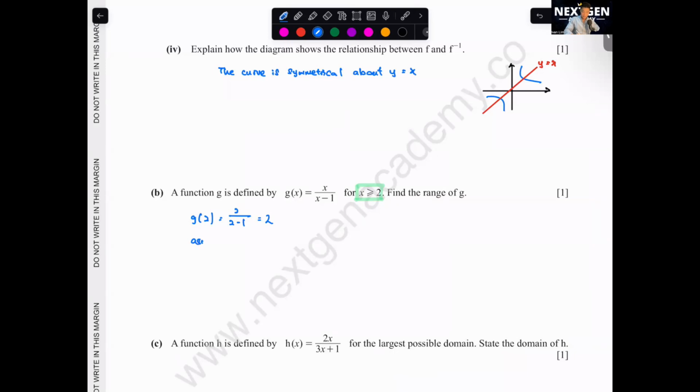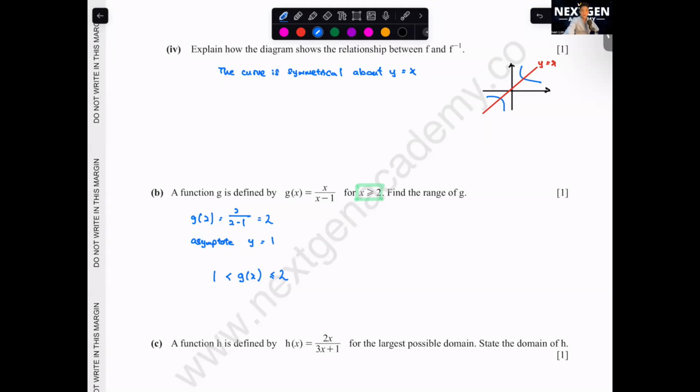Remember, asymptote is y equals 1. So that means you will write your range is y more than 1. g(x) is more than 1, but it is less than or equal to 2. Okay, that yellow part that I highlighted just now on the diagram, that is the range over here.